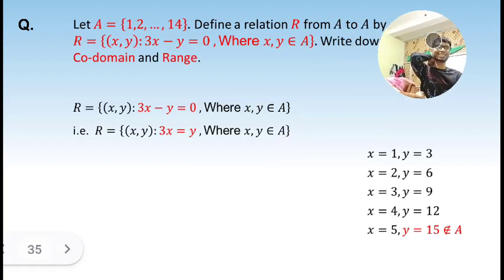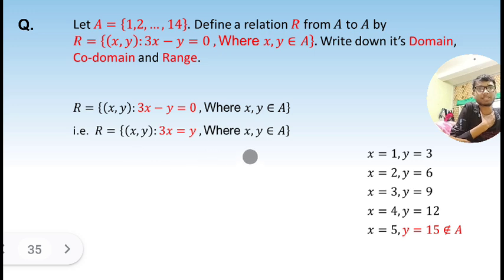So here, what is happening? R is equal to {(x, y)}, and x, y should belong to A. So here if we put x as 1, then we will get y as 3.